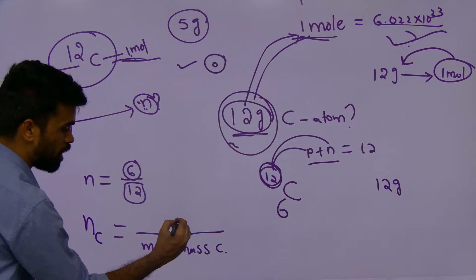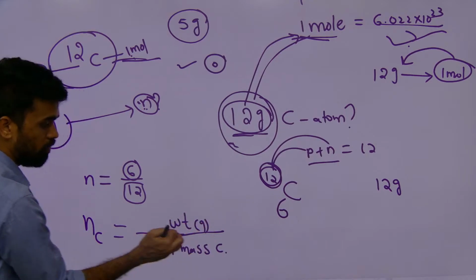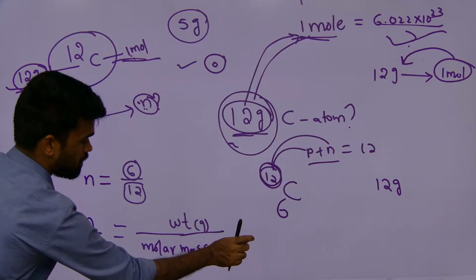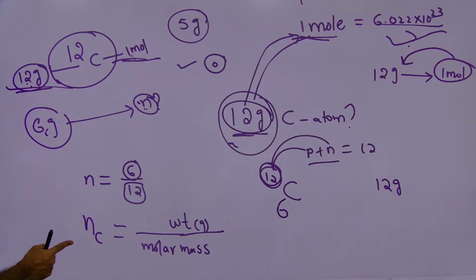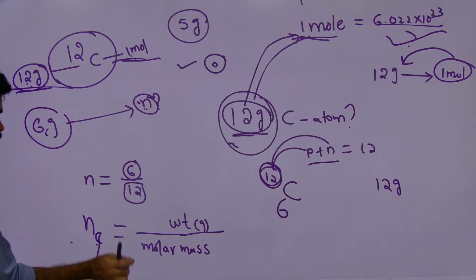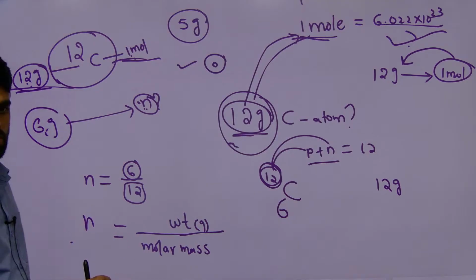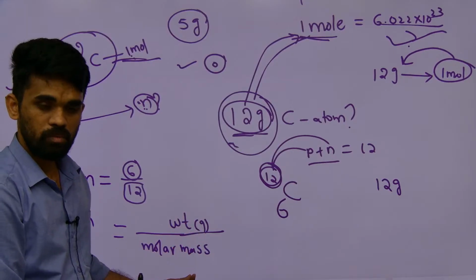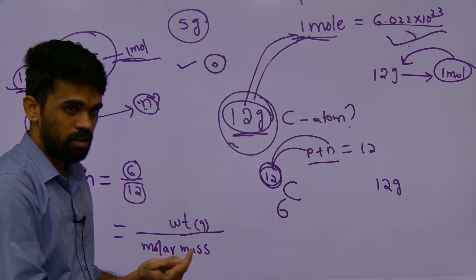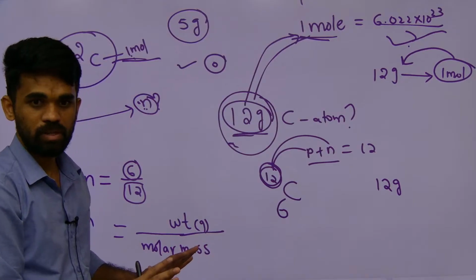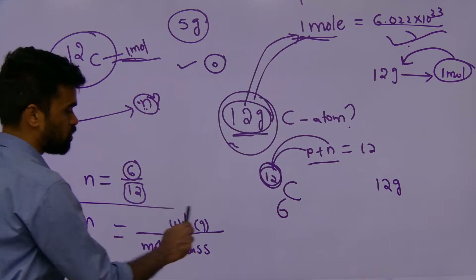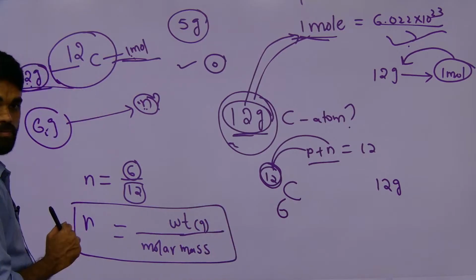So we made a formula: the weight of a substance divided by the molar mass of that substance gives you the number of moles. So number of moles equals given weight of the substance divided by gram molecular weight or molar mass, both of which are the same. A simple, very fundamental formula: number of moles equals given weight by molar mass.